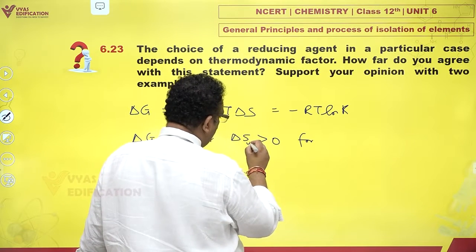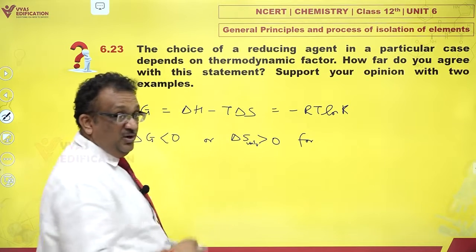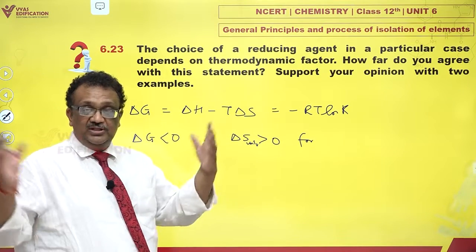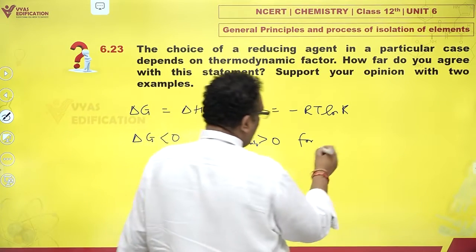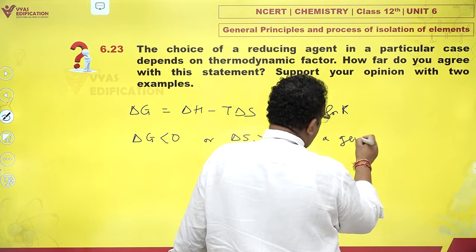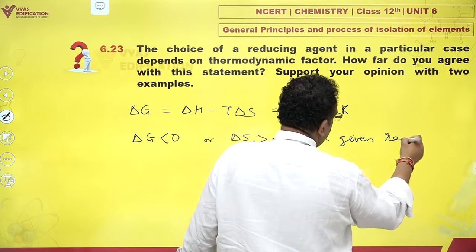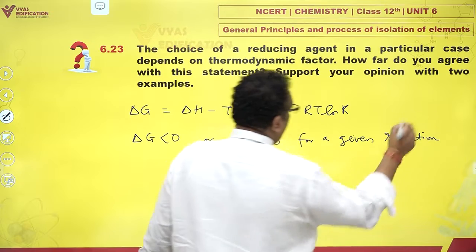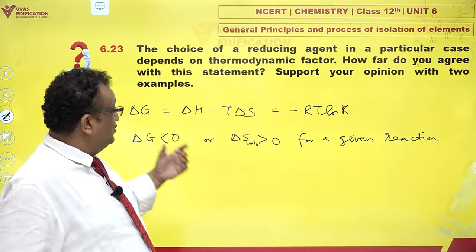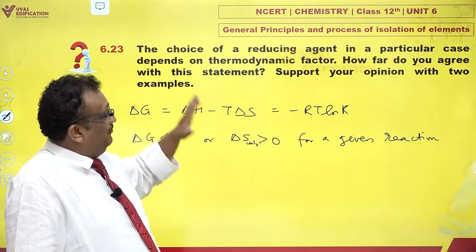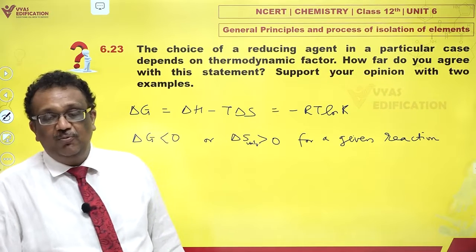This is delta S universe. Delta G is only for the system, delta S is for the entire universe. It has to be positive for a given reaction. If we can ensure this criteria is met, then we can say very well that a reaction would be feasible.